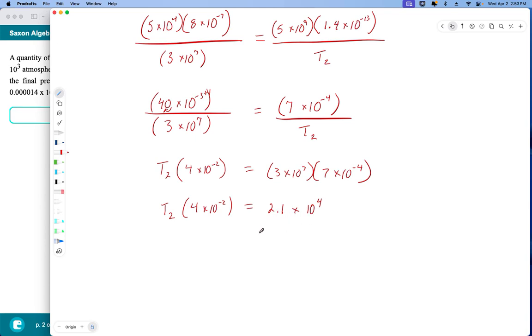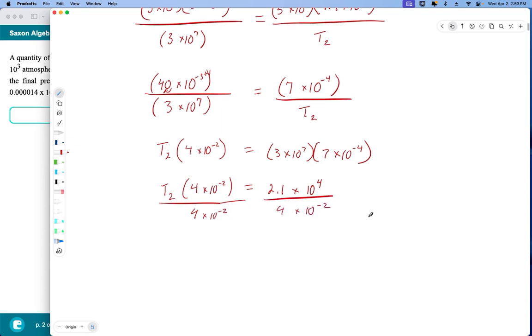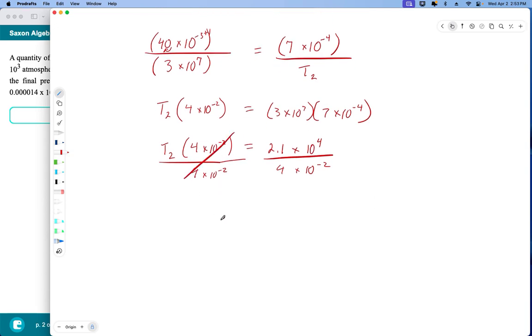Okay, so now that we have everything as succinct as possible, we have a variable times a number. We're going to divide both sides by the number that we know. Okay, so then this cancels. So the final temperature is going to be this number divided by this number.